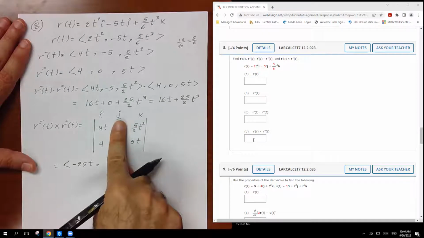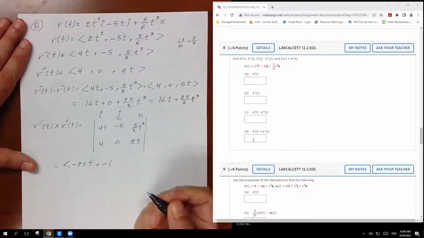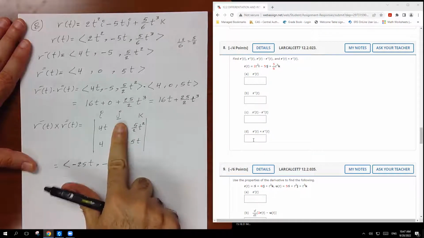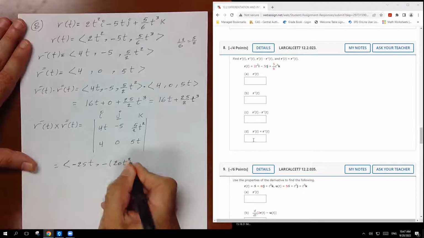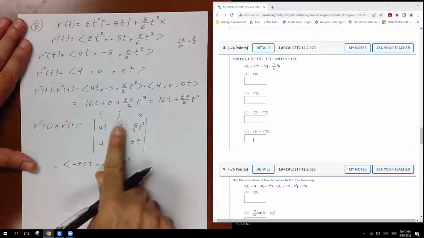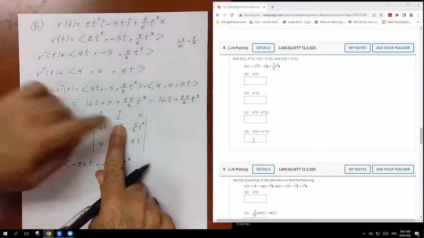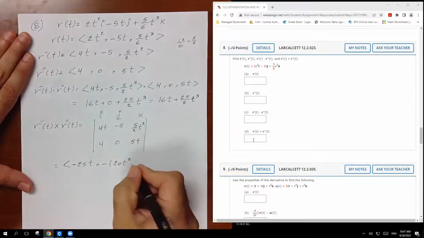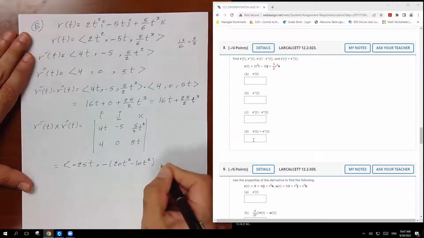For the second component, the j, there is a minus here. We're going to put parentheses, then I'm going to distribute. So it's going to be 20t squared. And this one times this one, cancel the 4 with the 2, is going to be 10t squared. So minus 10t squared for the second component.